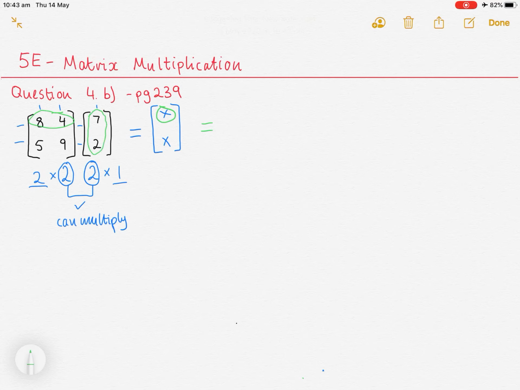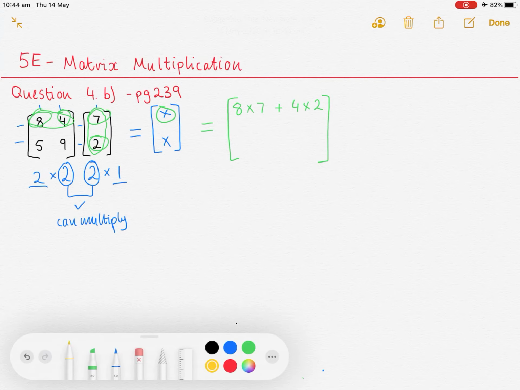Okay, and you need to multiply the corresponding elements and add them together. So for this one, you need to go 8 times 7 plus 4 times 2. Okay, that's your first element.